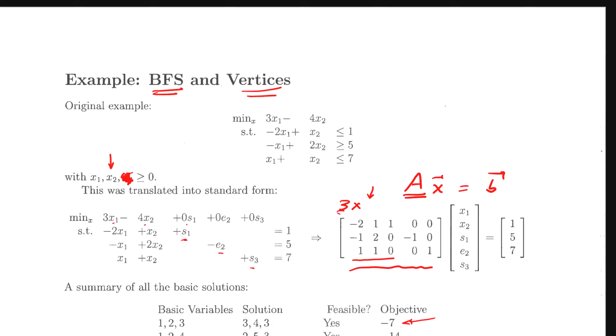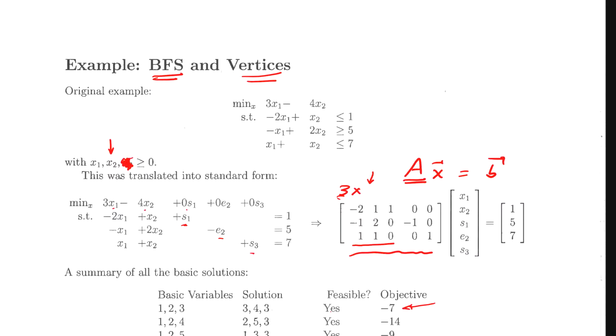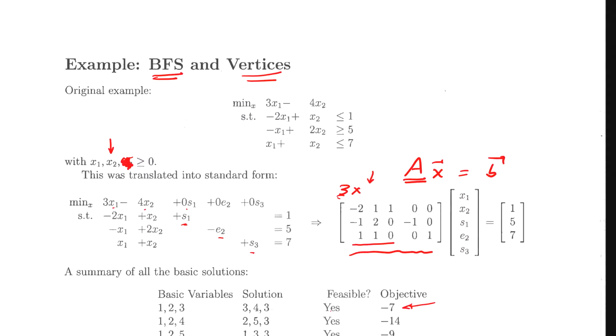Now on the other hand, if I choose 1, 2, 4 as the basic variables, that means variables 3 and 5 are 0, and that gives me 2, 5, 3 as the solution. That is a feasible solution, and the objective function, you could check, is 14.